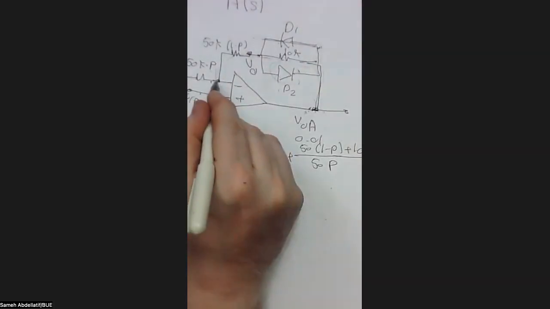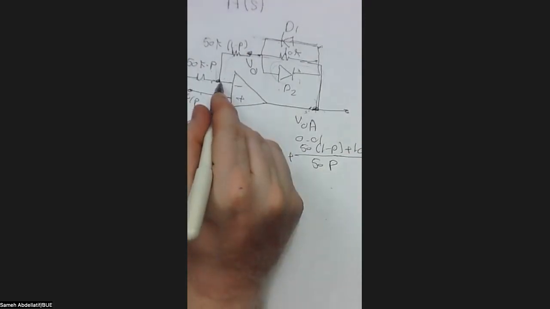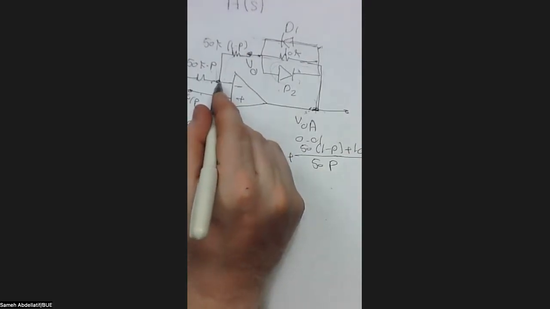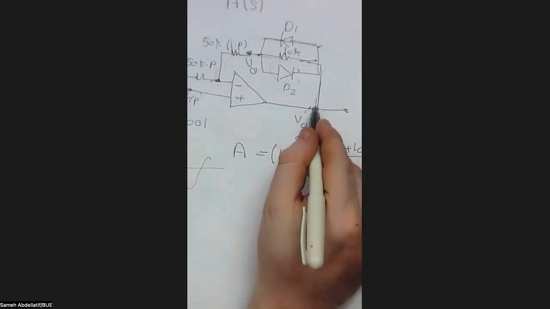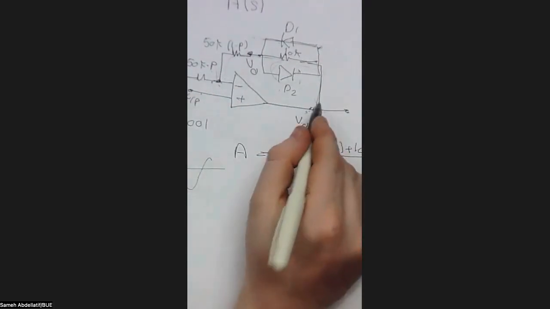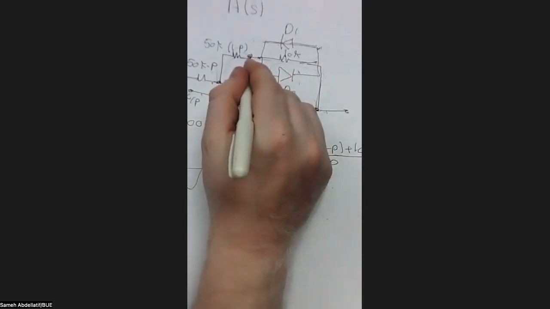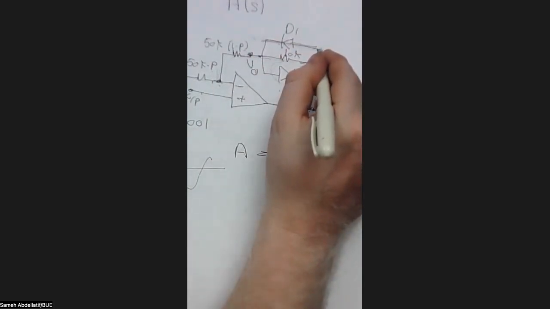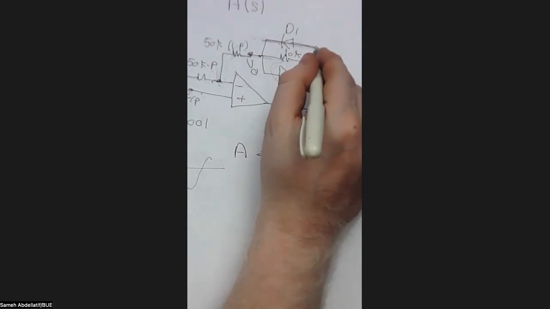So as the input voltage increases, this point is typically the input. So it is going to increase, and this will increase in a more rapid way because this is the amplified version of this point. So when the difference between these two points, V output A and V output, reaches 0.7, this D1 is going to be turned on, making this diode a short circuit.